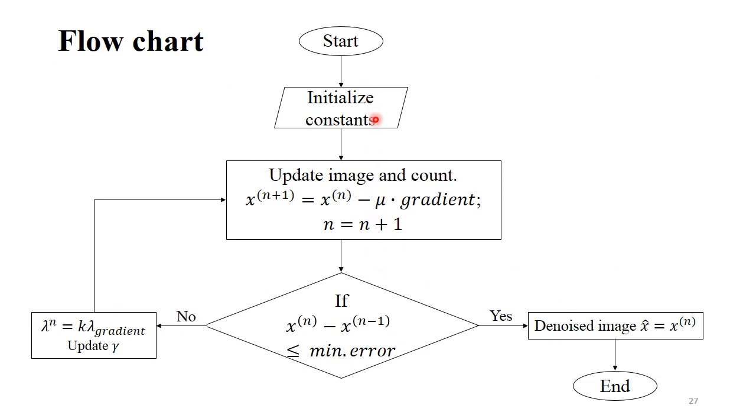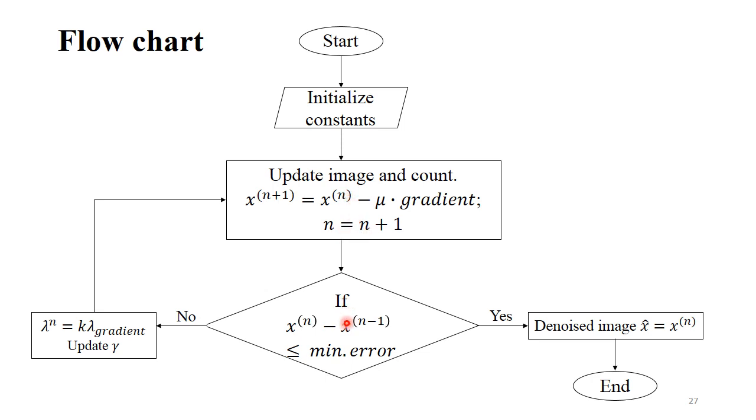Now this is a simple flowchart realization. Start, initialize the constants, update the image and the count value, and remember this is completely an iterative process. Local minima and global minima concepts will be there. We need to identify only the global minima, therefore an iterative process works over here. The n+1 image is identified by making changes to the nth image representation, and then the count value is updated.